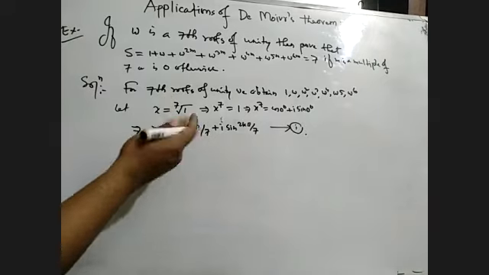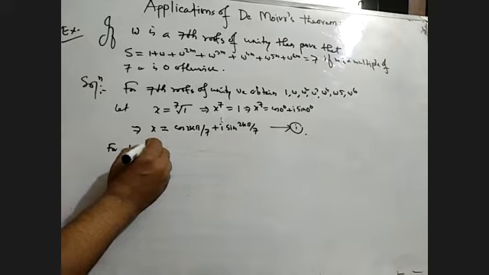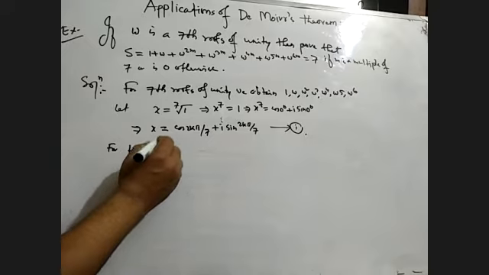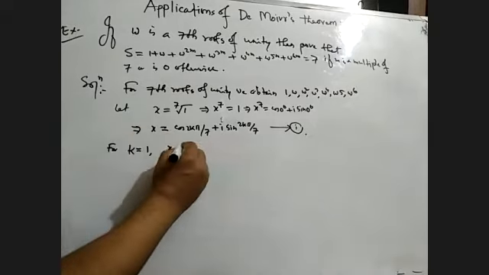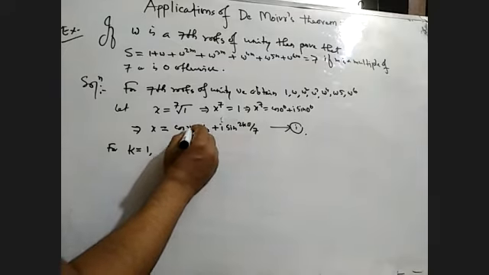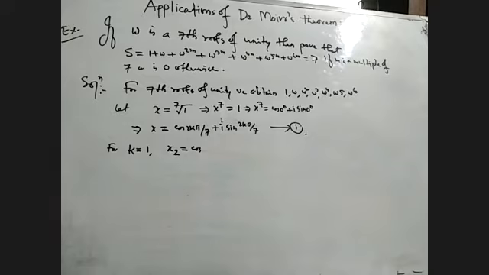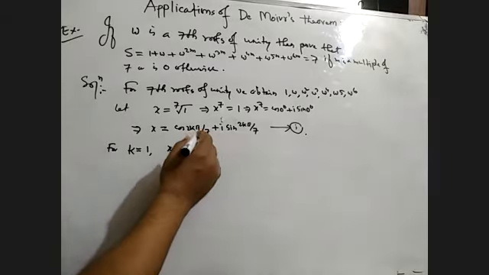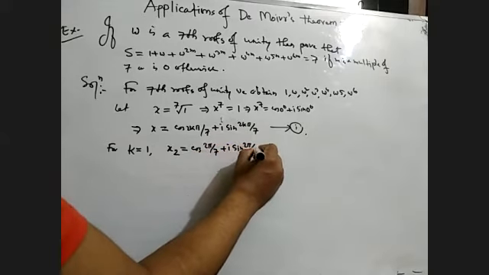Now for k equals 1, the second root. The second root will be cos twice pi by 7 plus i sine twice pi by 7.